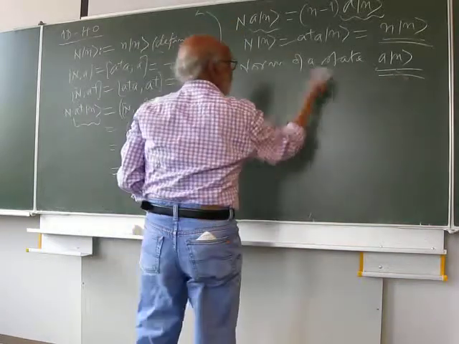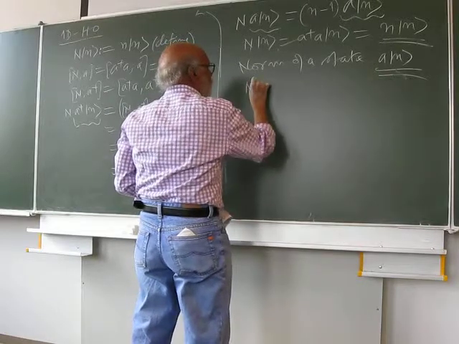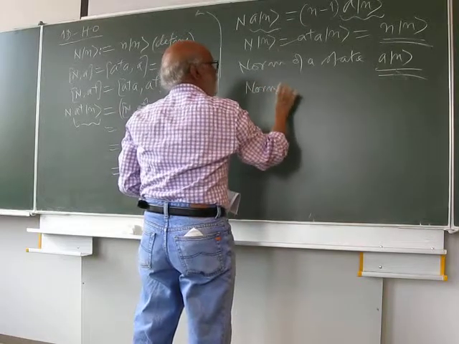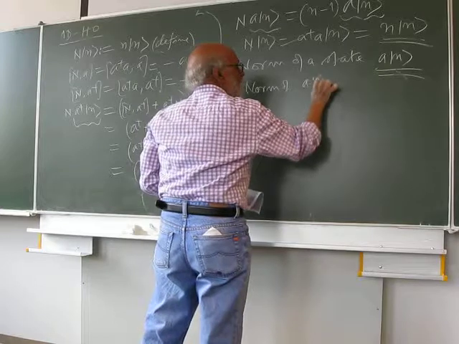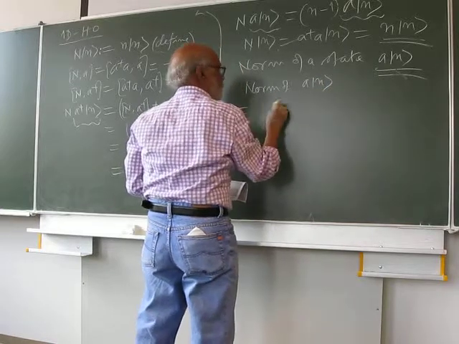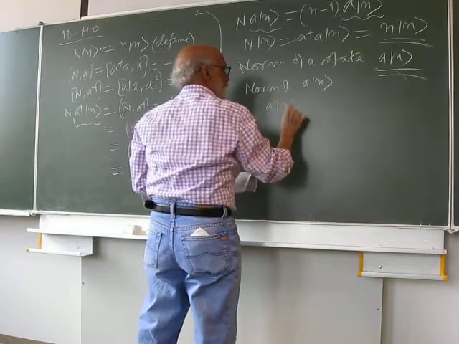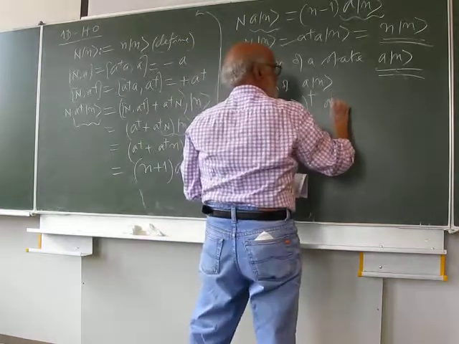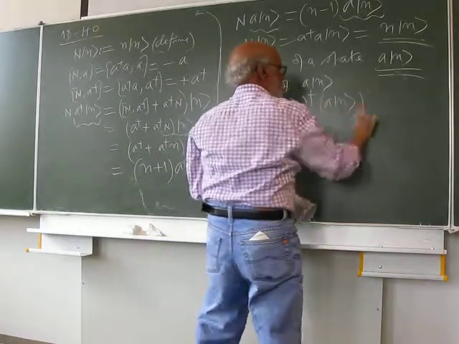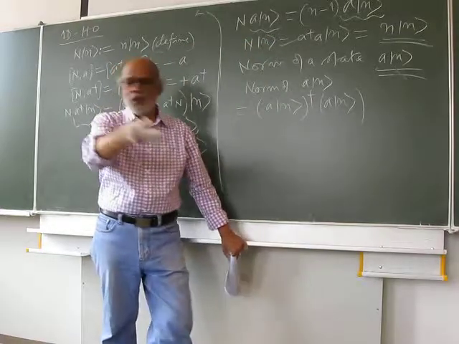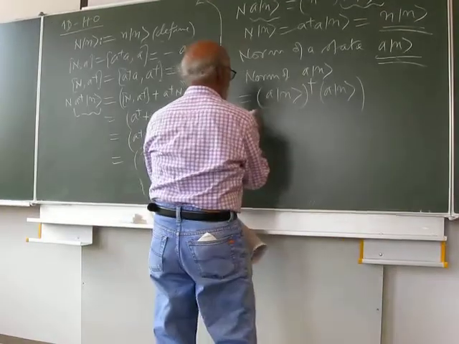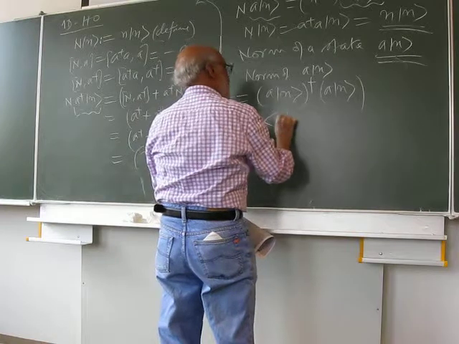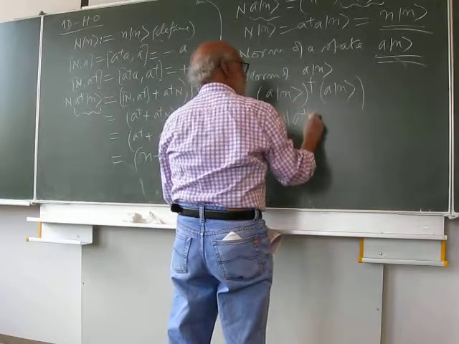So what is the norm of this? The norm of this is equal to an dagger an, psi dagger psi, and this comes here and this becomes A dagger.